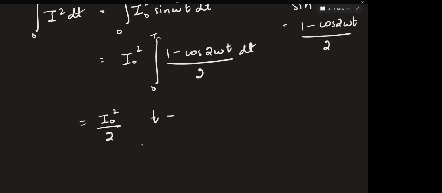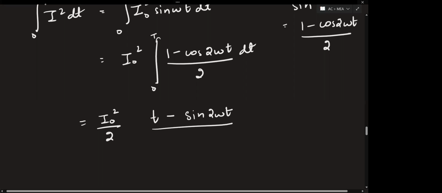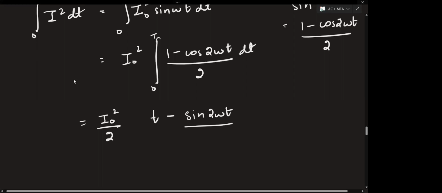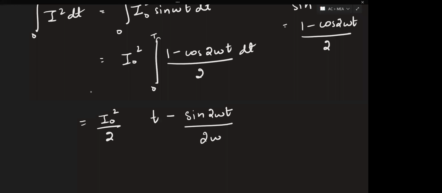Already it's a negative sign here, so we need not write one more negative sign. That becomes sine 2 omega t divided by the constant, which is 2 omega, and limits will be from 0 to capital T.